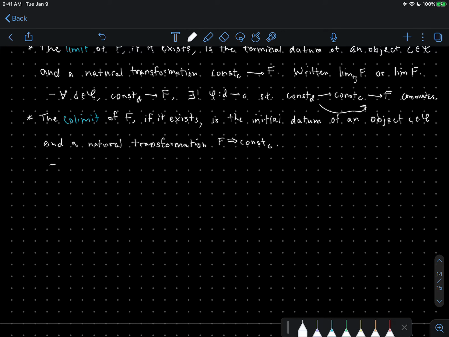Okay, and so again, what that ends up meaning is that for all D and C and natural transformations from F to const D, there exists a unique map from C to D where the composite const C to const D, together with the map from F, makes this triangle commute.